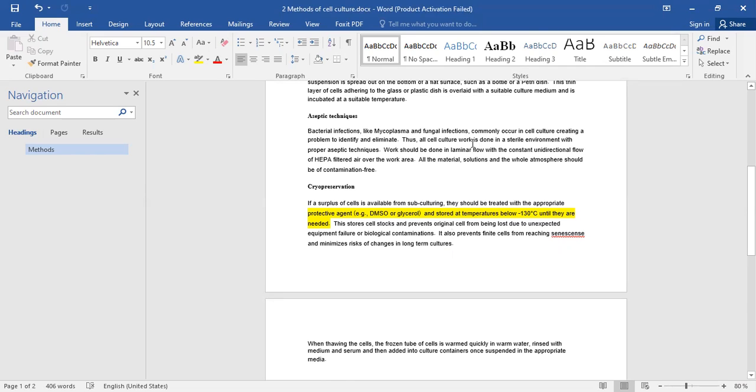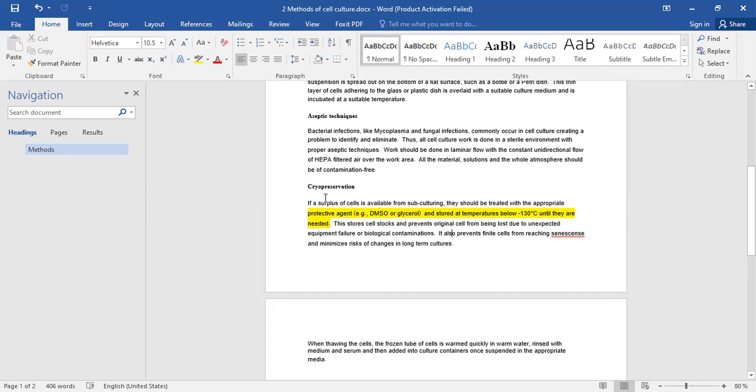Similarly, we can provide a sterile environment for the process, and then no contamination will be found. For example, we can use a HEPA filter for the removal of microorganisms, and we can use fumigation for the removal of the microbes that are present. So these are the aseptic techniques which are required.